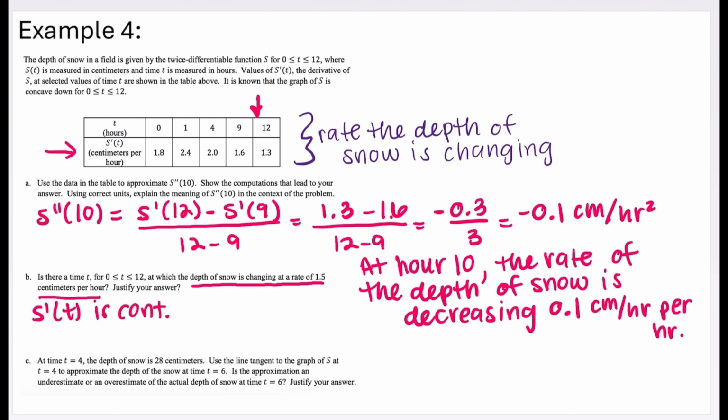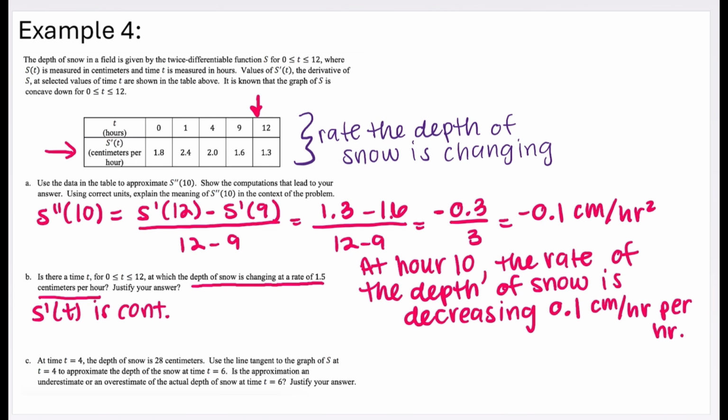And since it is continuous, we can apply the IVT, the intermediate value theorem, if that value is between other values in our graph. So when I look at my table, I see that 1.5 specifically will be in between 1.6 and 1.3.